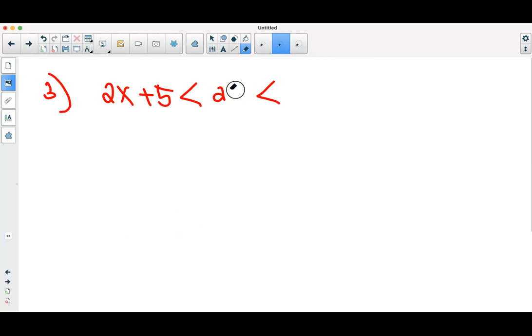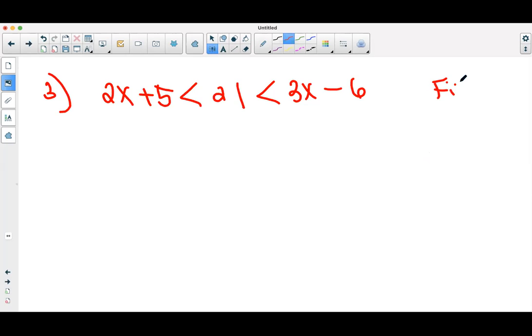Let me put it 21. How about this? In this case, how do you find x? As soon as you have an answer, you let me know. In the middle is a 21, by the way.